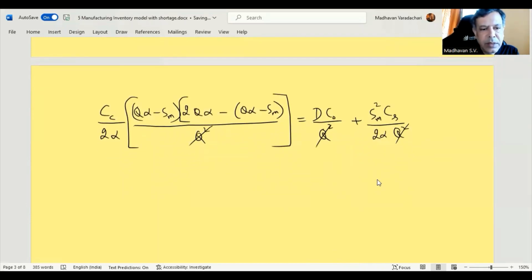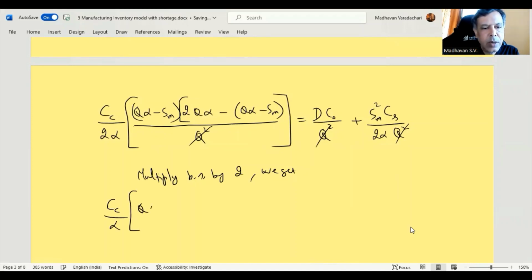Now just multiply both sides by 2. If we do that, what will happen here, this 2 will go, you will only have Cc by alpha outside.